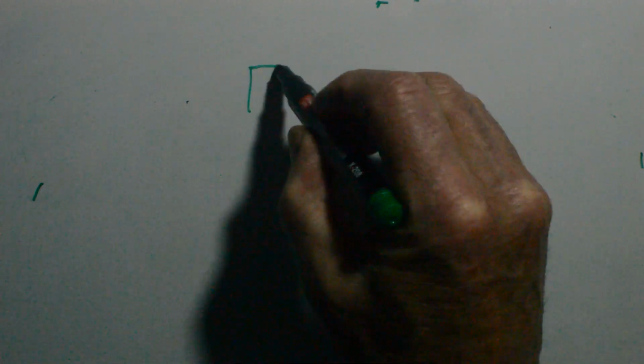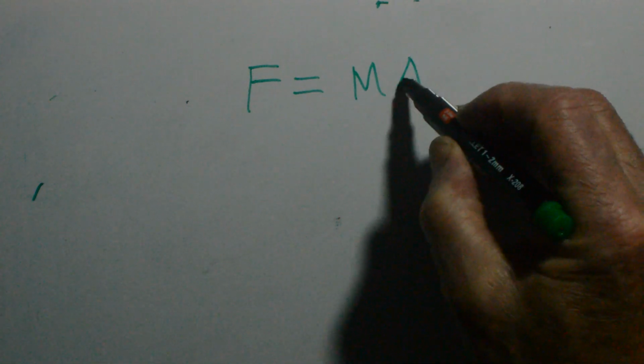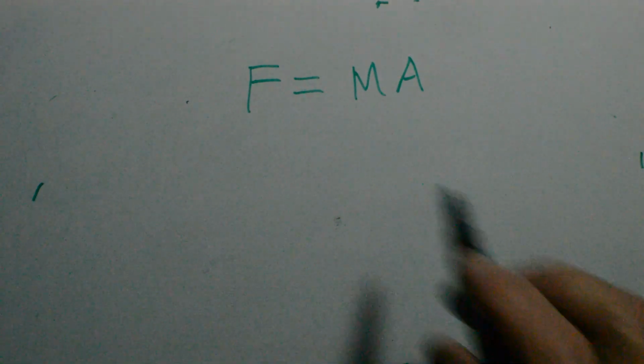So before we can do any work on this next piece, we're going to need to develop a little bit of preliminary stuff. We want to talk about force, and you've probably seen this before. Force is mass times acceleration.